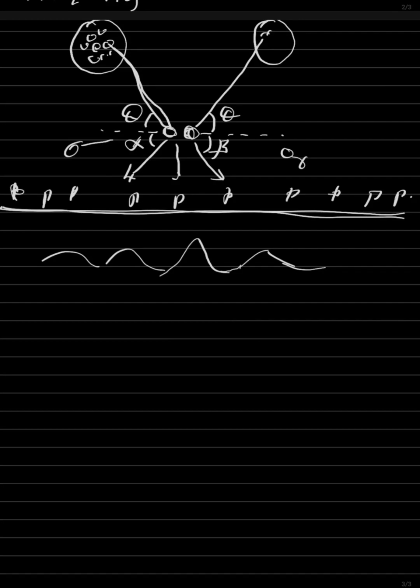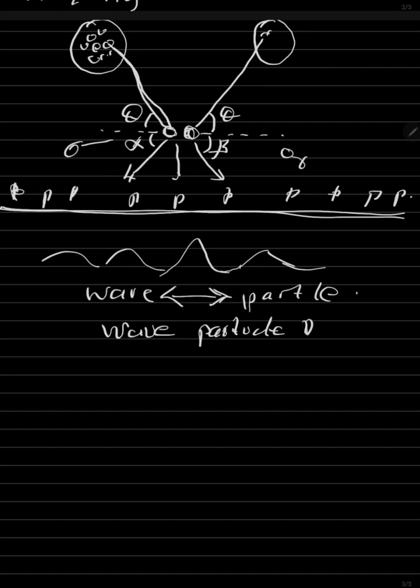So at first we said light was a wave, then went on to say it's a particle, and now we are also saying it's a wave. So light is a wave, and it is also a particle. That is how we come to what is called the wave-particle duality, and this proves that light is both a wave and a particle.